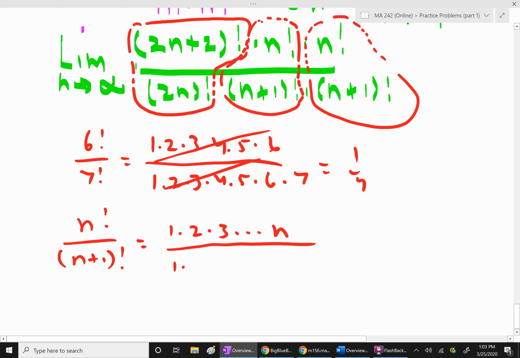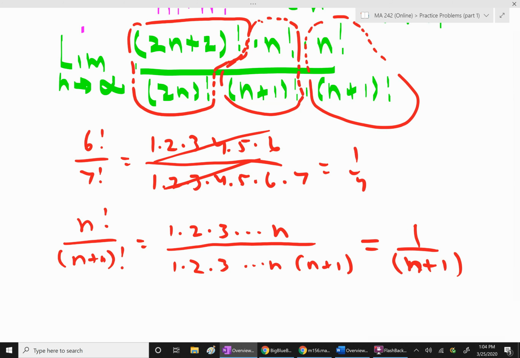Close, close. N plus 1 factorial, I'm multiplying from 1 up to n plus 1, right? 1 over n plus 1? Bingo. Nice, huh? And that's why the ratio test works with factorials, because factorials will cancel out like this, okay?